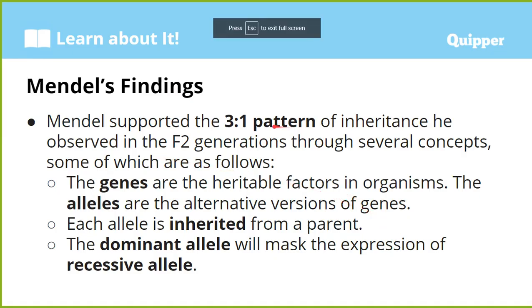So you already know that the pattern in F2 generation is 3:1. Also the terms genes, heritable factors, and alleles, these are alternative versions of genes. When we speak of genes, for example, flower color, this is going to be the trait. Alleles may come in two, we have the uppercase and lowercase. Dominant allele will mask the expression of recessive allele.